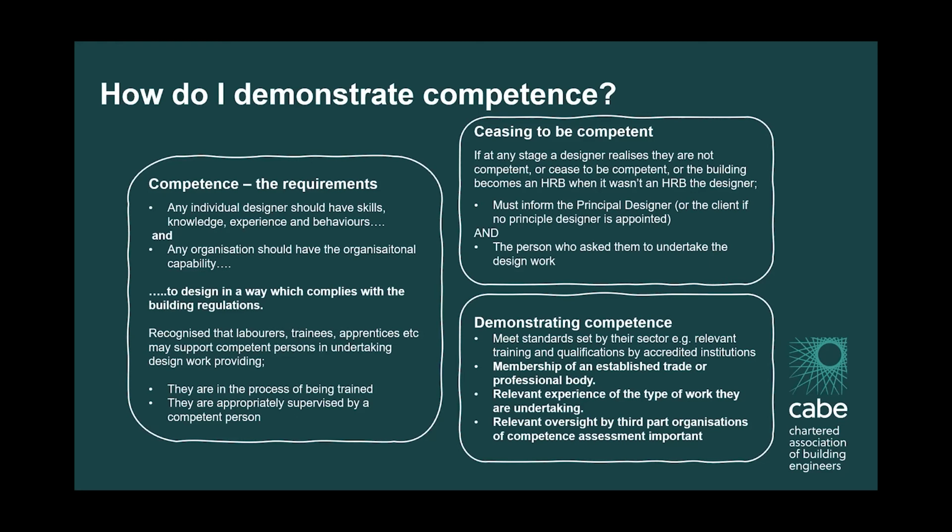There's a requirement in the regulations that if at any stage a designer becomes aware that they are no longer competent to undertake work, maybe because skills have atrophied, or maybe because a project trips over into being a higher risk building where they don't feel they have the necessary competence when previously it wasn't, so it gets a bit taller or it changes its use, or there are various ways that could happen, they have to tell the principal designer, and they have to inform the person who asked them to undertake the design work that they don't think they can do it anymore.